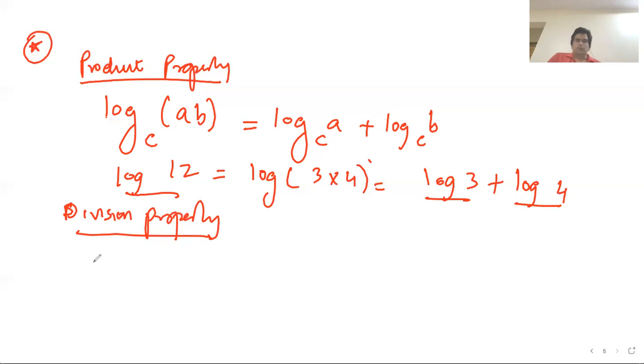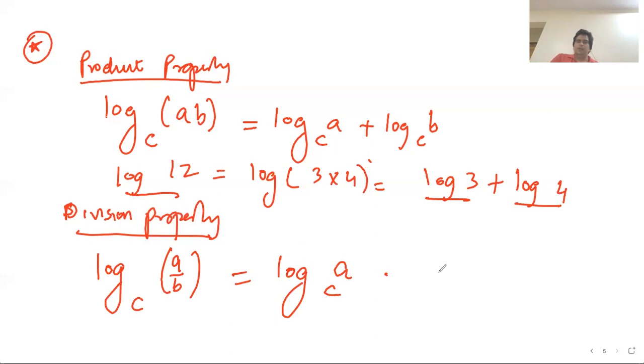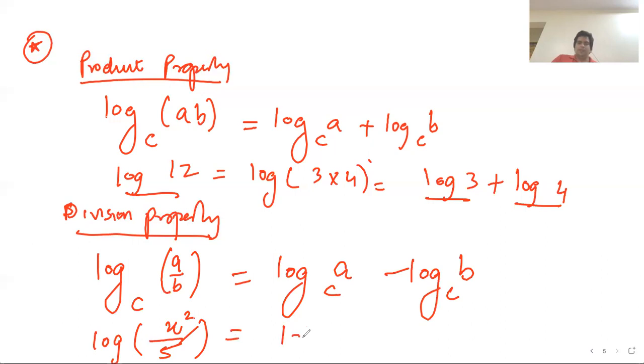And what is the division property? If you're finding the log of an expression which is a fraction, this can be written as log a to the base c minus log b to the base c. Now, what it means is I can write down, suppose you've got x squared over 5, this as log x squared minus log 5.